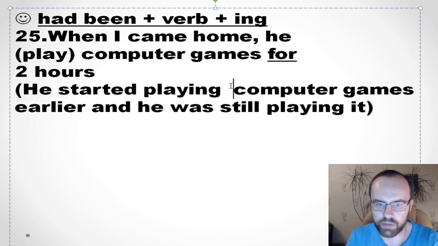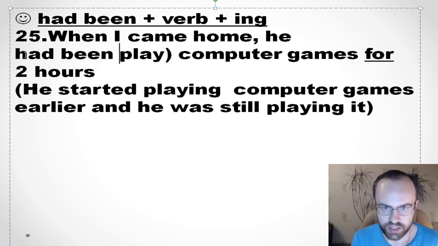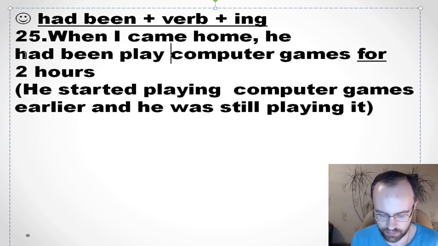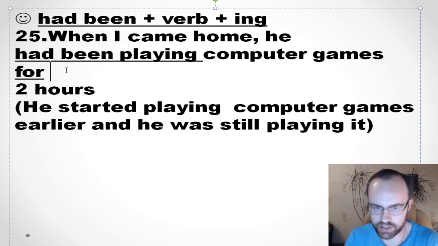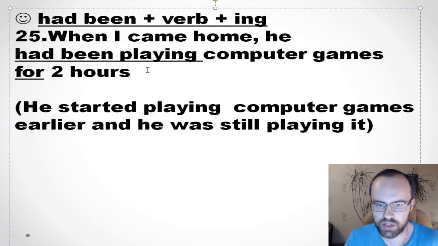So it's a very important thing. When I came home, he had been playing. He had been playing computer games for 2 hours.